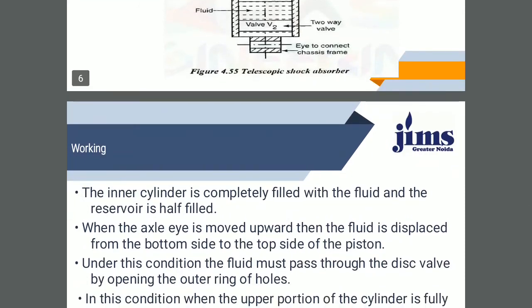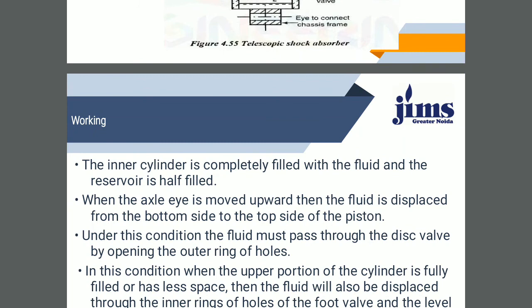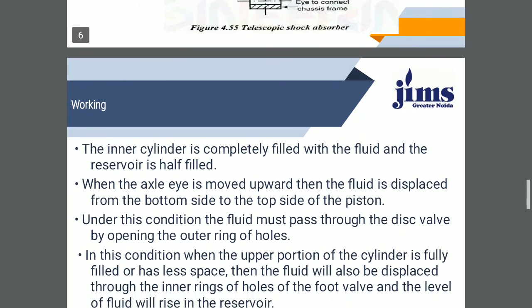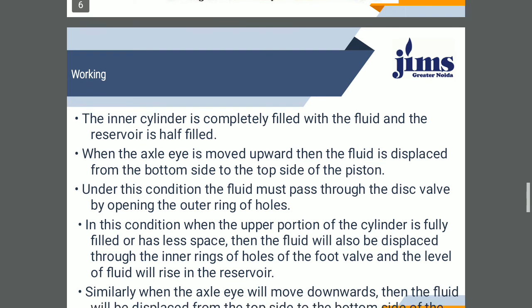When the axle eye is moved upward, then the fluid is displaced from the bottom side to the top side of the piston. Under this condition, the fluid must pass through the disc valve by opening the outer ring of the holes.